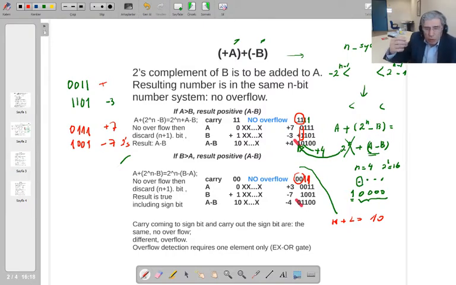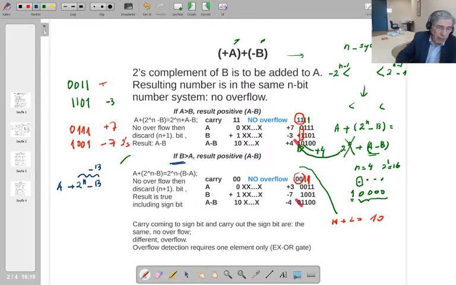So what happens in this case? Let me change the color to differentiate this one and this one. In this one we said A is going to be positive, B is going to be negative, so I'm going to represent B in 2's complement form. So A plus 2 to the n minus B. So that is minus B, and I know B's absolute value is bigger than this one, isn't it?